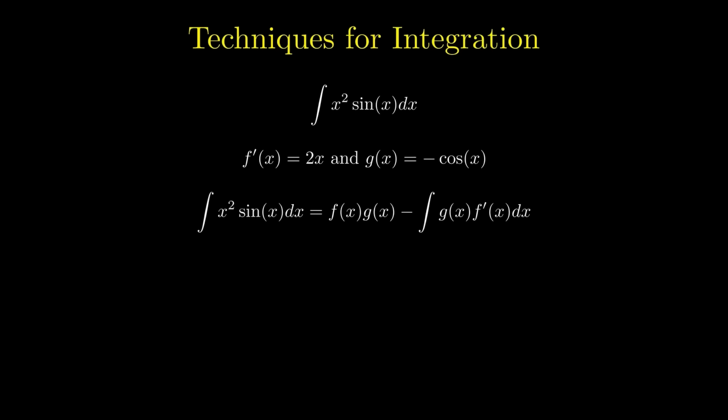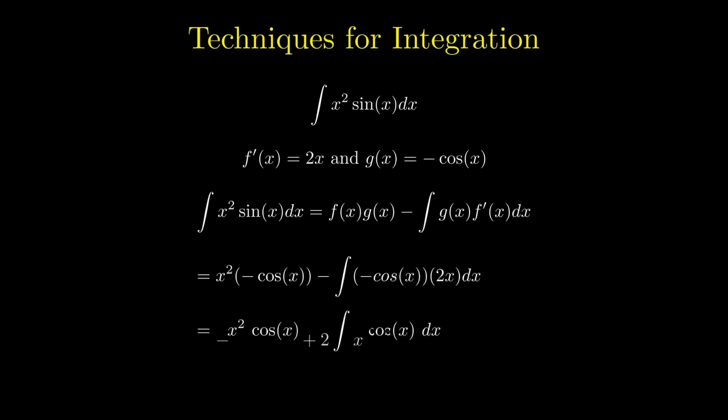Integral x squared sine of x with respect to x equals f of x times g of x minus integral g of x times f prime of x with respect to x equals x squared times negative cosine of x minus integral negative cosine of x times 2x with respect to x.